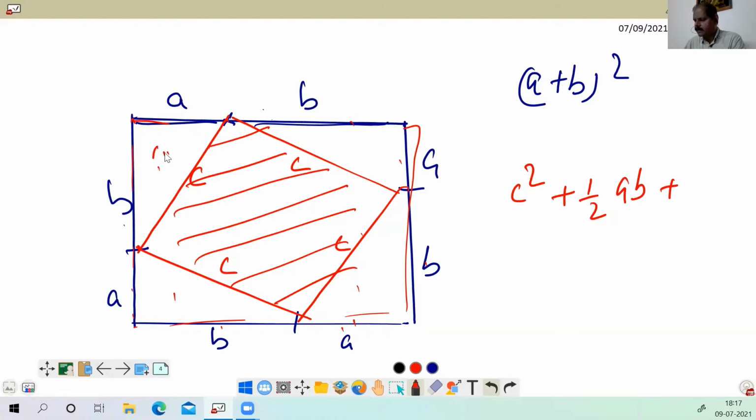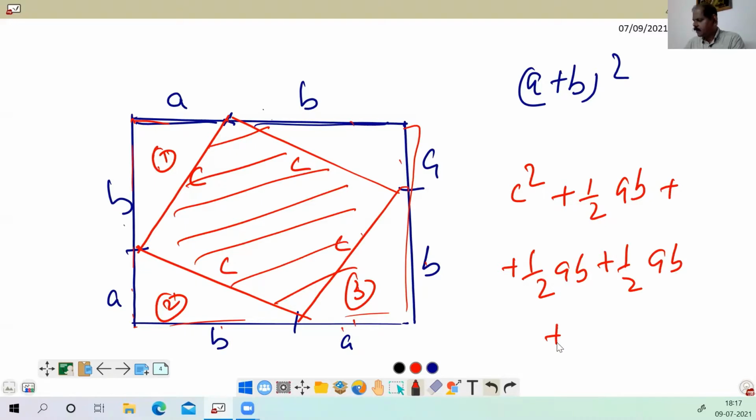This is first triangle, this is second triangle. So areas will be half AB. Third triangle plus half AB plus fourth triangle half AB. So area of the total square is A plus B whole square, and it is same as the total of area of this square plus area of these four triangles.